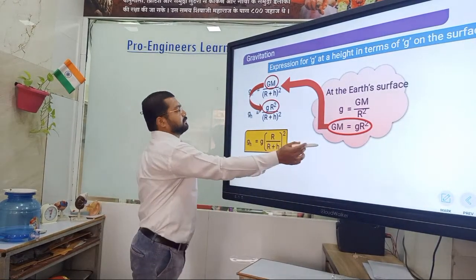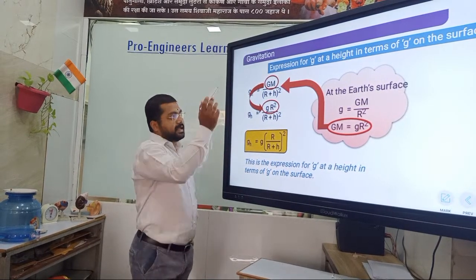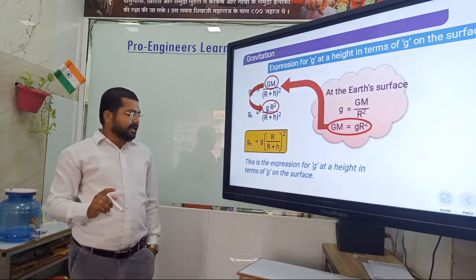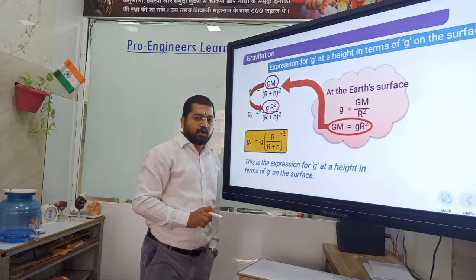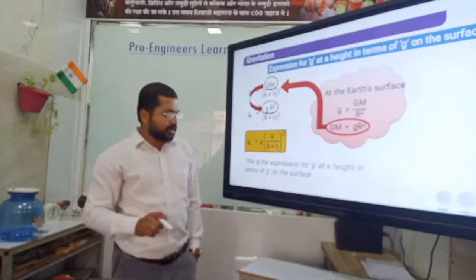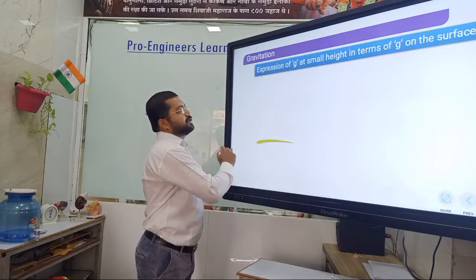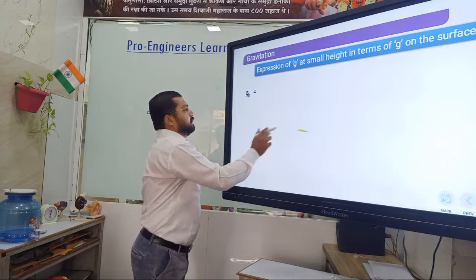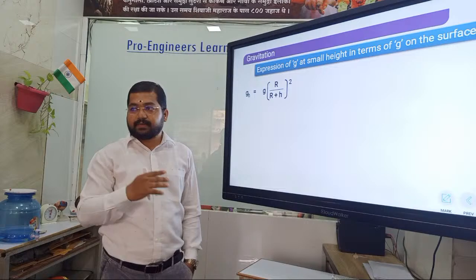So this is another formula, a second formula to derive the same expression. This is the expression for g at a height in terms of small g on the surface, where small g is acceleration due to gravity. Expression of g at small height. As I said, that height must be neglected. So let us see what happens to that height.